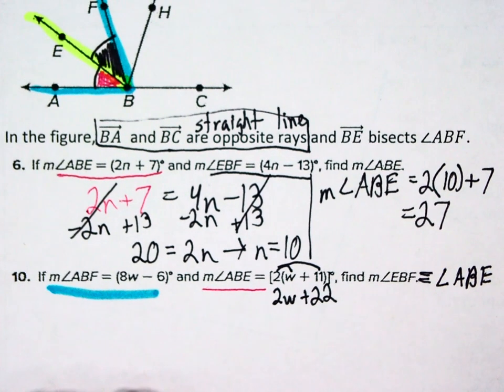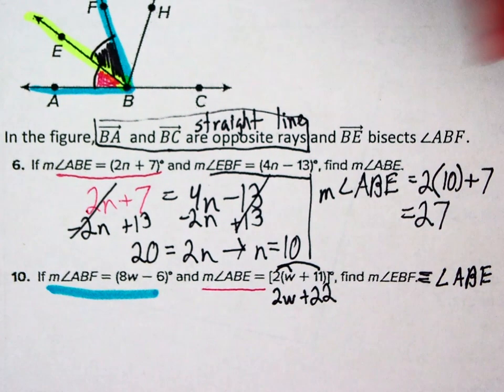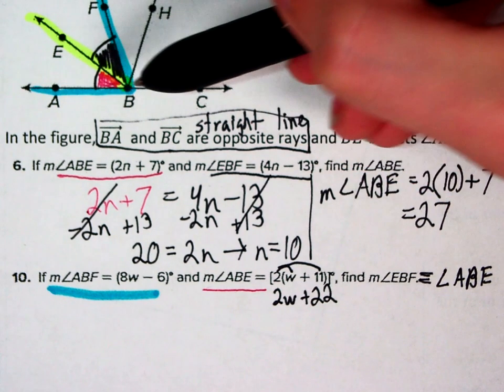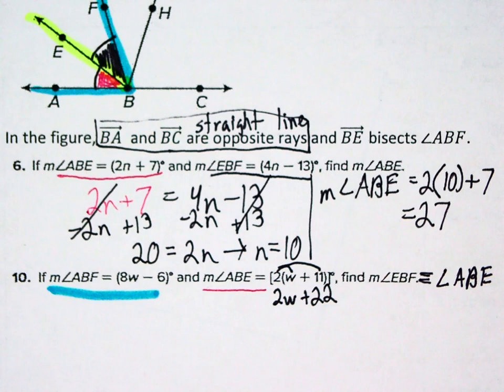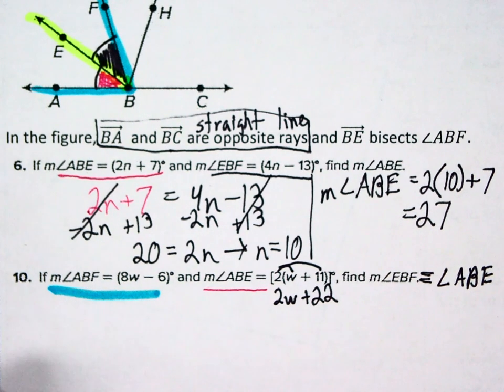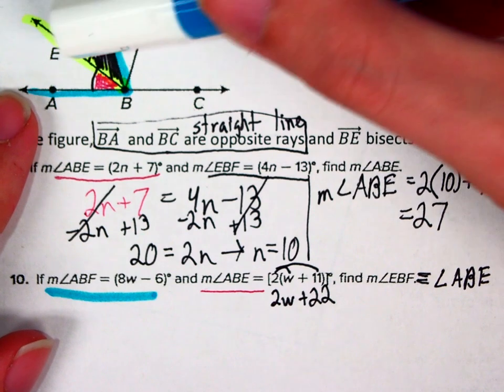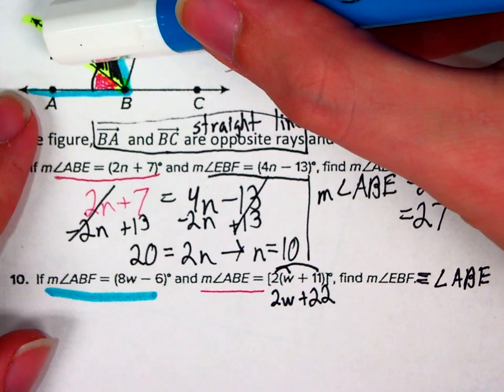So, what we're going to have to do is think about how our red angle is related to our blue angle. What you need to remember is that our blue angle was being cut in half by this yellow line.